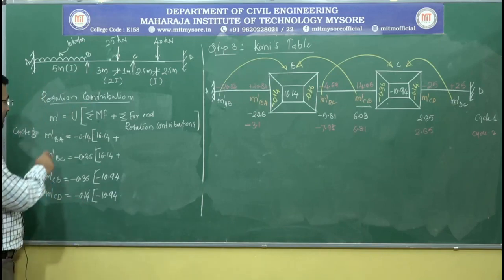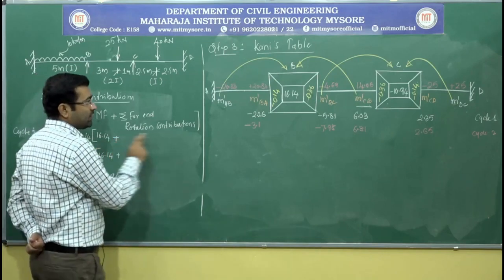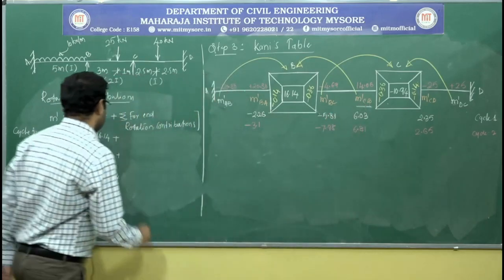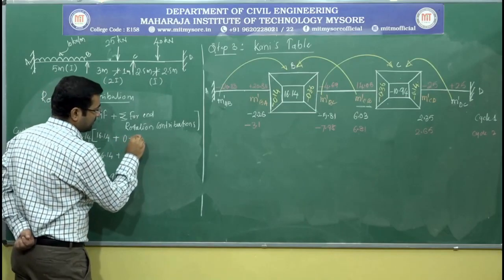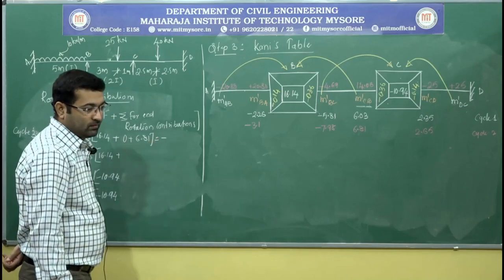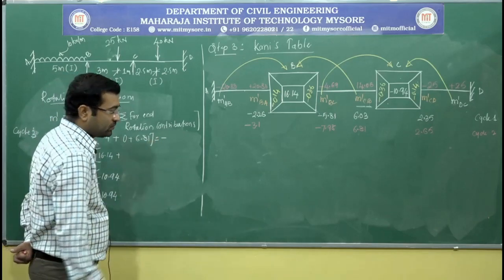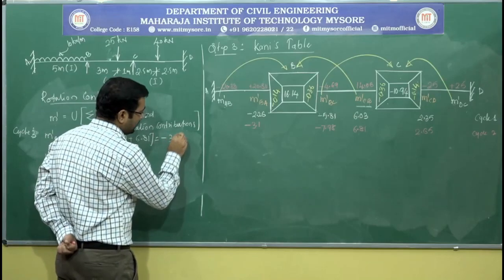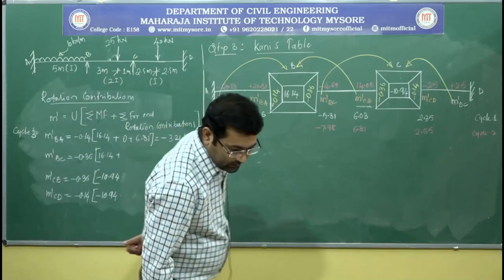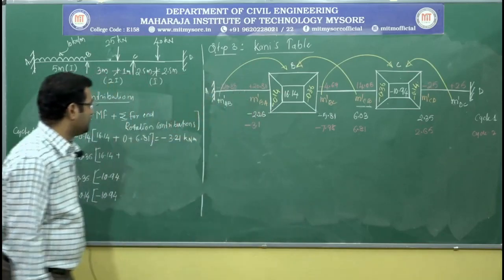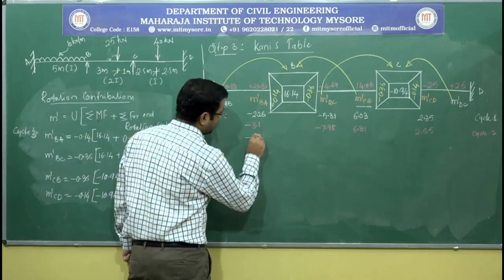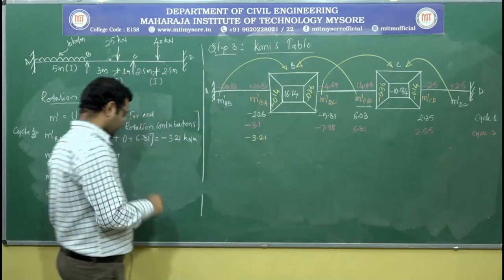Now for M dash AB, the far end rotation contribution is 0 and this 6.81, 0 plus 6.81, that gives you minus 3.21, and I will represent that here, minus 3.21.